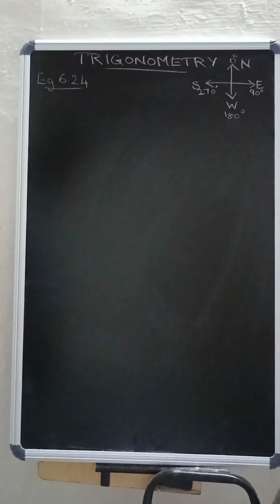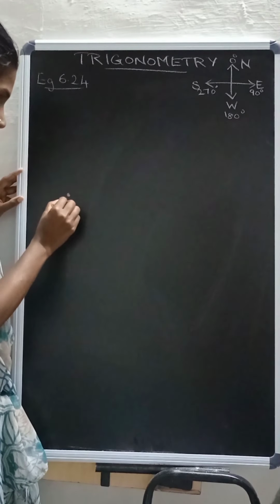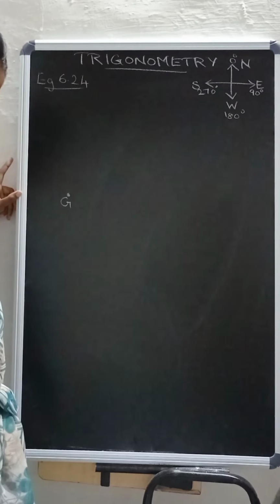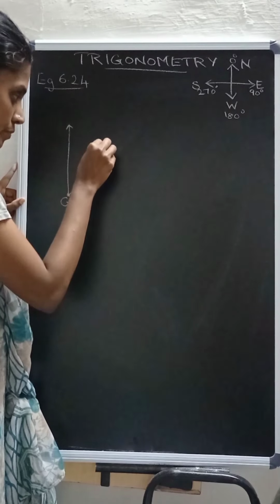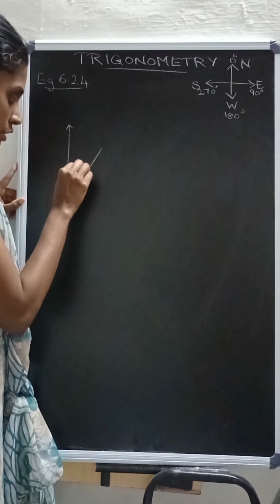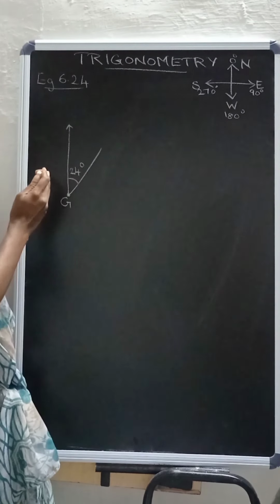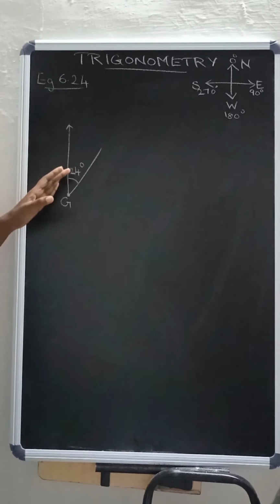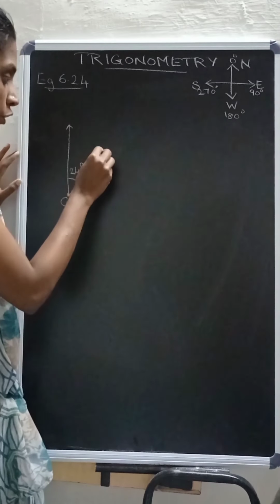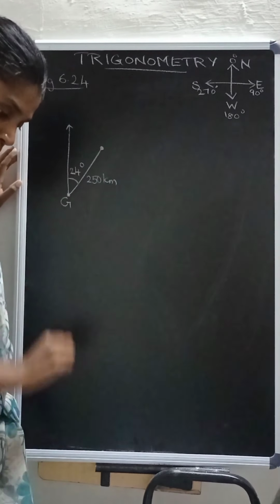Now, read the question. An aeroplane sets off from G on a bearing of 24 degrees towards H. So this is 24 degrees. Bearing means we need to start from the north in the clockwise direction. Remember that. It goes towards H, a point 250 kilometers away.